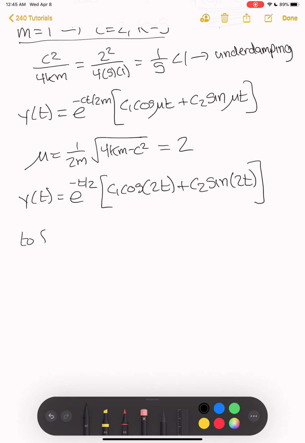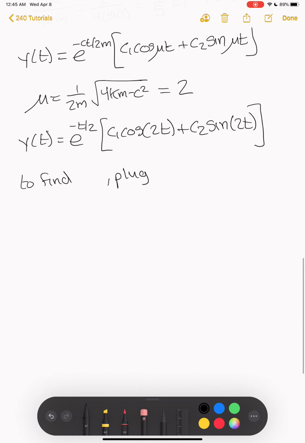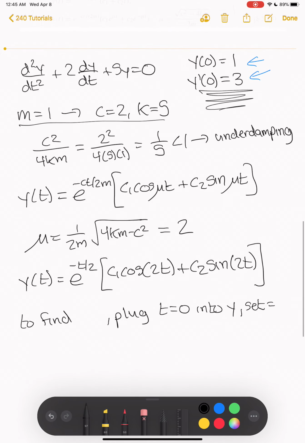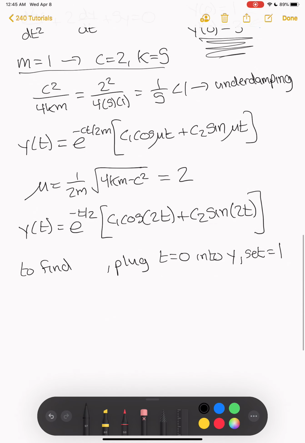So to find one of the variables, you plug t equals 0 into y, and you set it equal to 1, our initial condition here. So let's just look for a second at what happens when you plug t equals 0 in here.